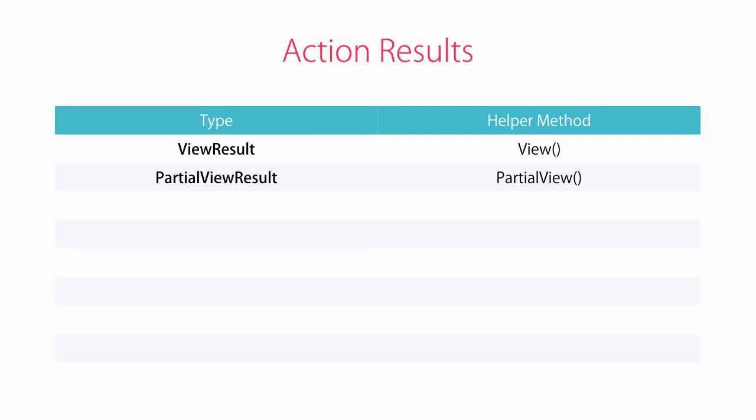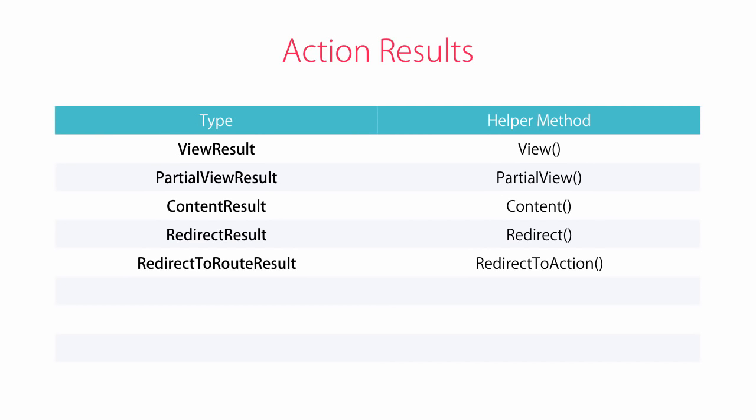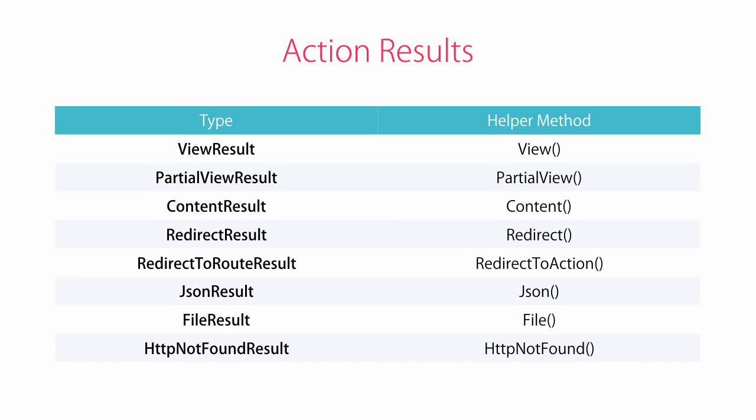We have PartialViewResult to return a partial view, ContentResult to return simple text, RedirectResult to redirect the user to a URL, RedirectToRouteResult to redirect to an action instead of a URL, JsonResult to return a serialized JSON object, FileResult to return a file, HttpNotFoundResult to return a not found or 404 error, and an EmptyResult which is used when an action doesn't need to return any values, like void.